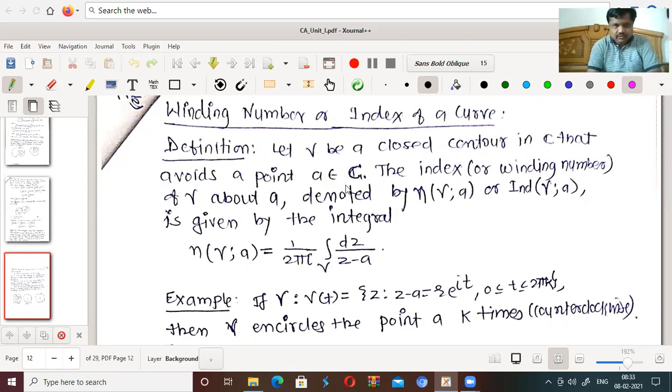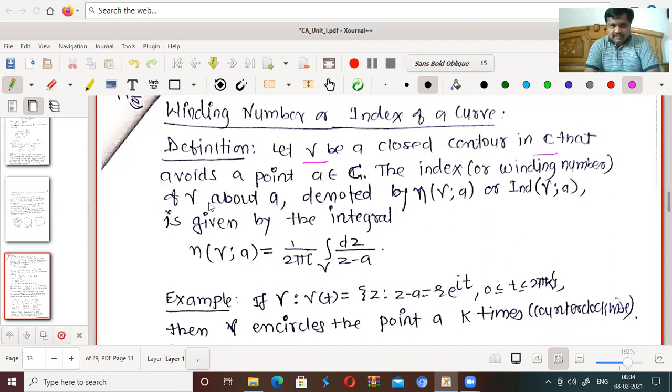Let gamma be a closed contour in a complex plane C that avoids a point A in C. That is, point A is not on this curve gamma.